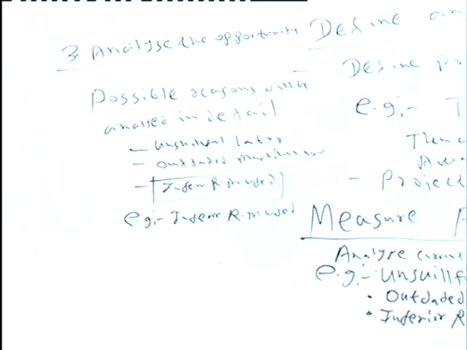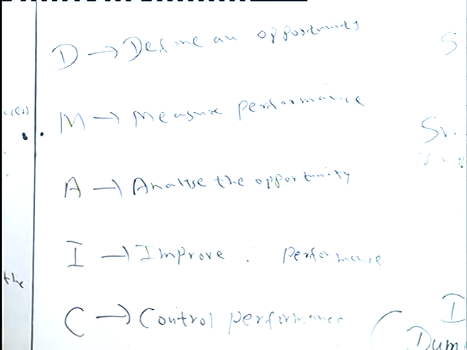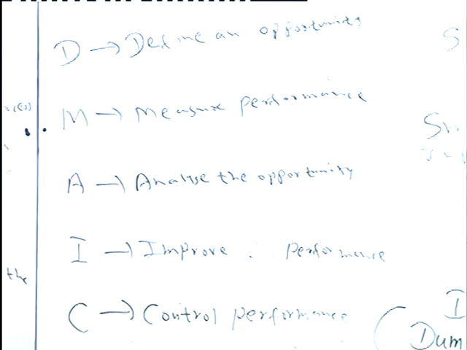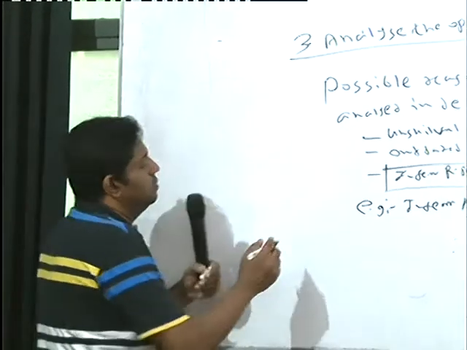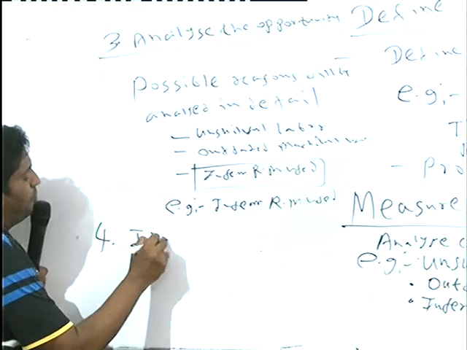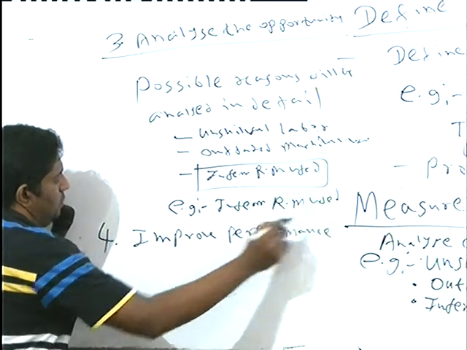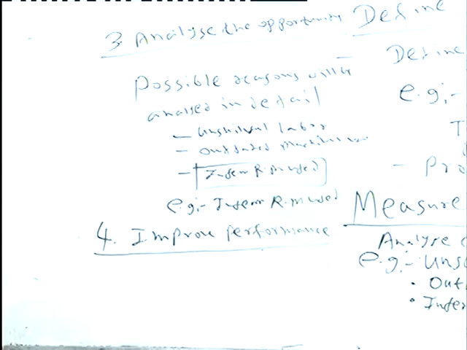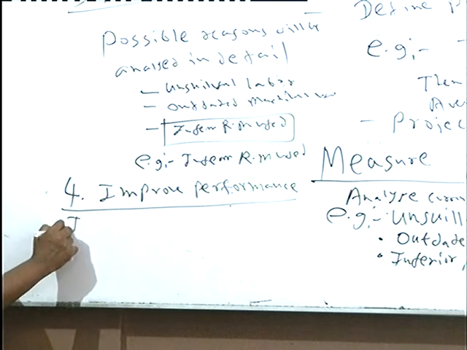Then the next step, step number 4, is improve performance. What is improve performance? What you will do is introduce the improvement into the existing process.